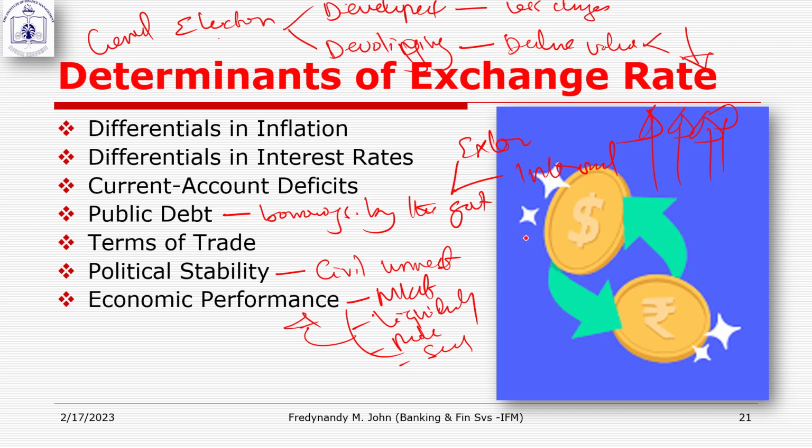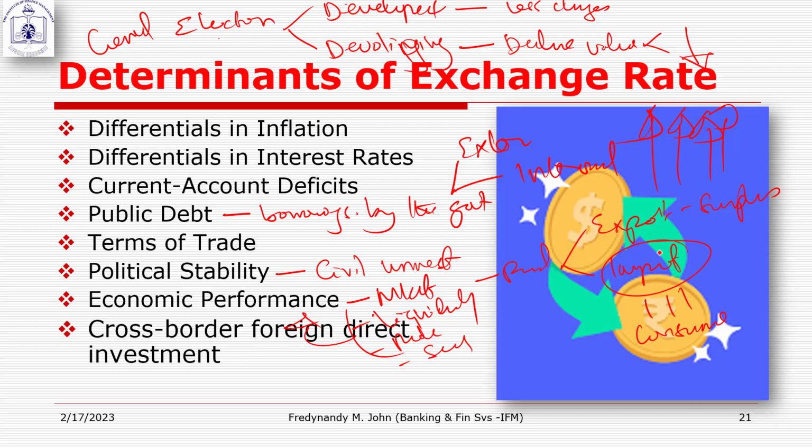Now, by performing, let's say, if you are producing more goods and services, what will happen is that you will export more than you import. Why will you import less? Because you can produce something to consume and you export surplus. That way, your currency will appreciate in its value.